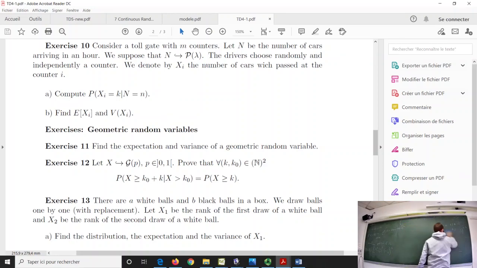Now I have used this one, I can erase. I multiply by the probability that the Poisson is equal to n, that is exponential minus lambda, lambda to the power n, over n factorial.